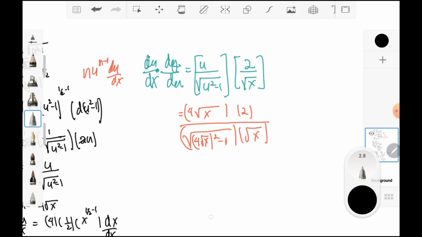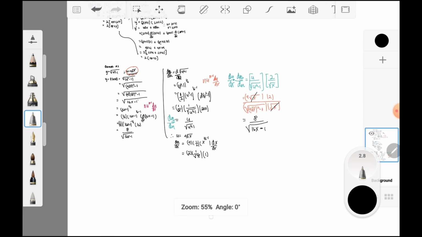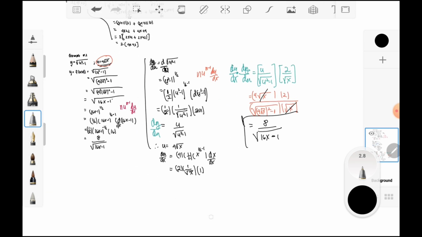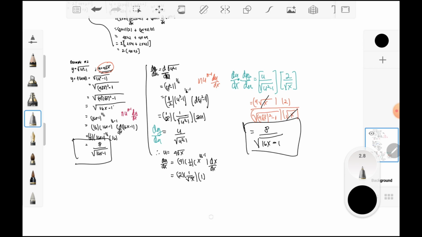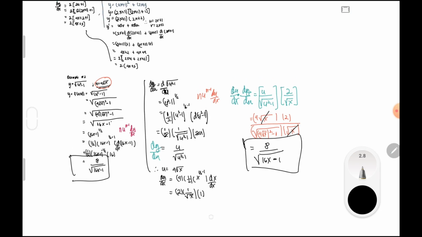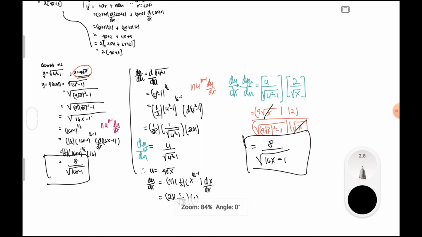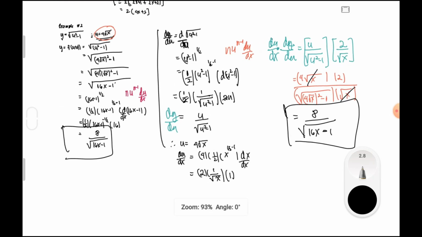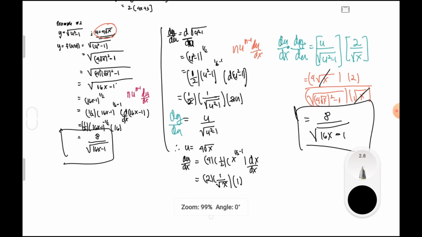So therefore we'll have square root of x divided by square root of x equal to 1. So 4 multiplied by 2 is 8, and the square root of 4 squared is 16, and square root of x squared is x minus 1, which are the same here. Okay, that is our sample number 2.